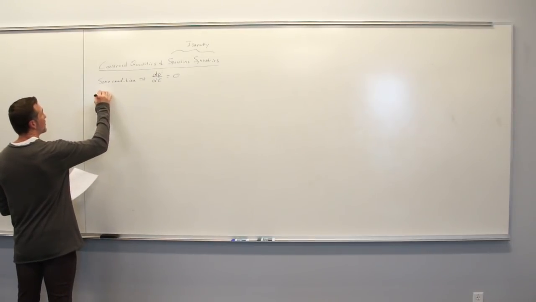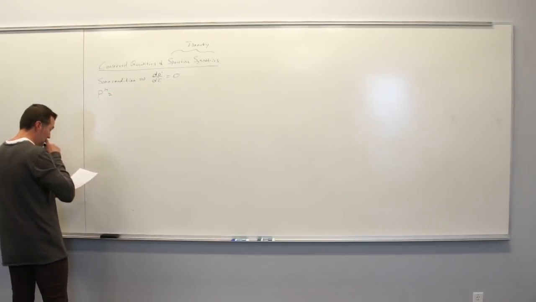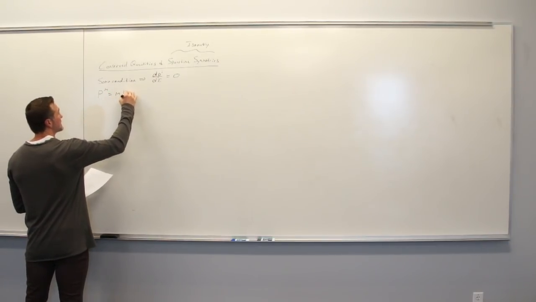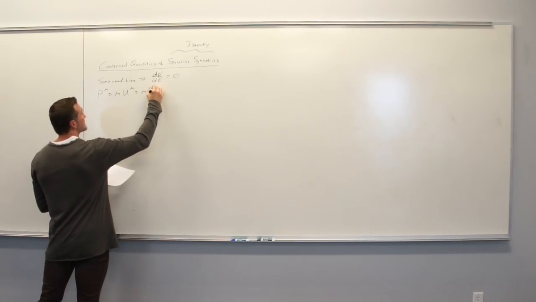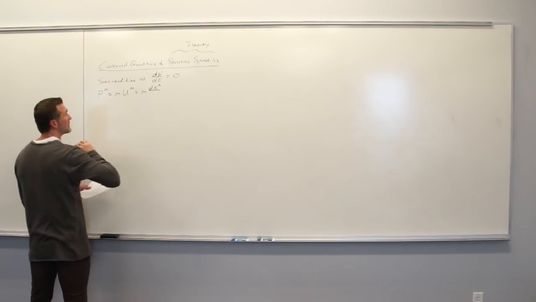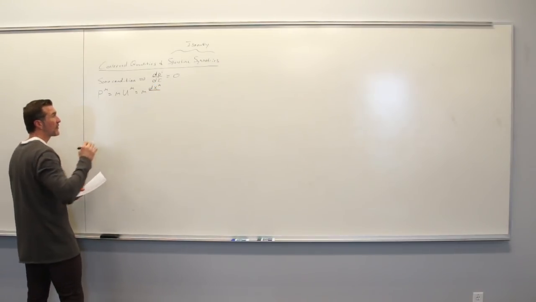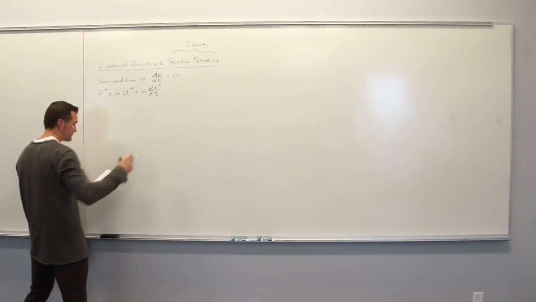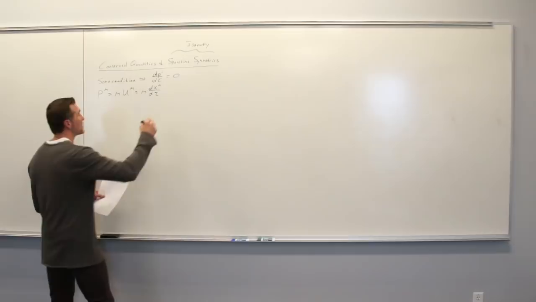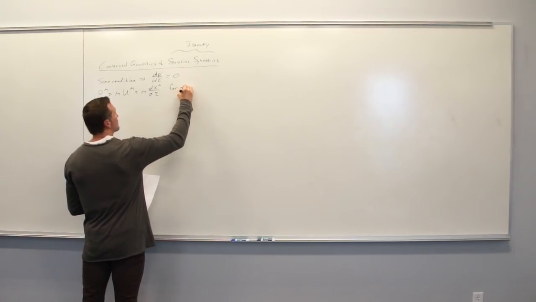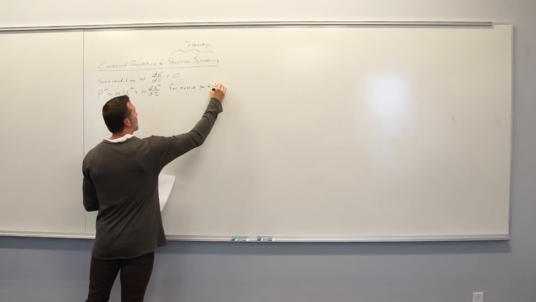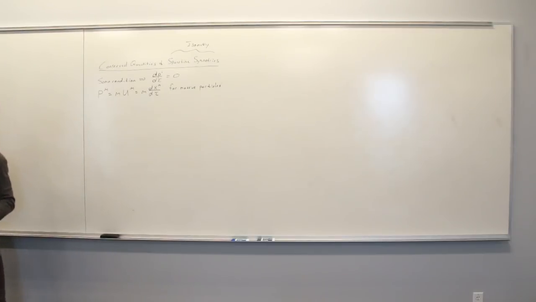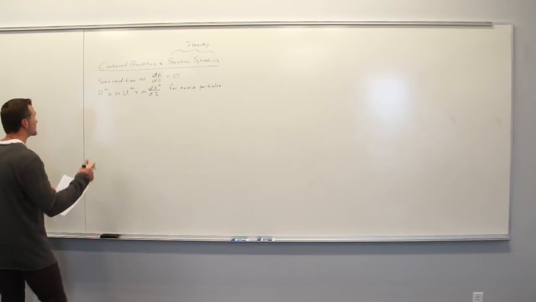Remember that momentum is defined as the mass times the four-velocity, and of course the four-velocity is just the derivative of the coordinate position four-vector with respect to tau. So that is our definition of four-momentum for massive particles. Obviously, this definition does not work for massless particles, and we have other tools at our disposal for massless particles, but I'm just going to talk about massive particles today.